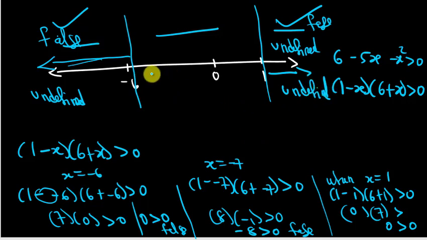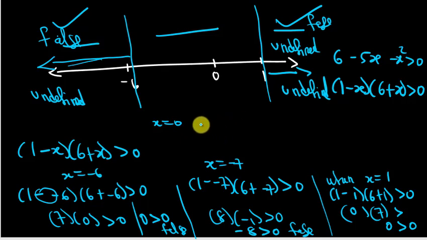Let's pick a value in the middle part here, and use that to test. Let's say when x is equal to 0. Now when x is equal to 0, what is going to happen?